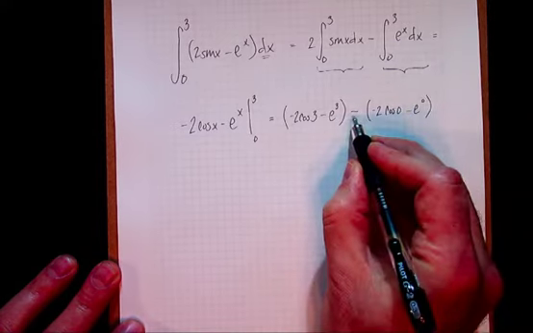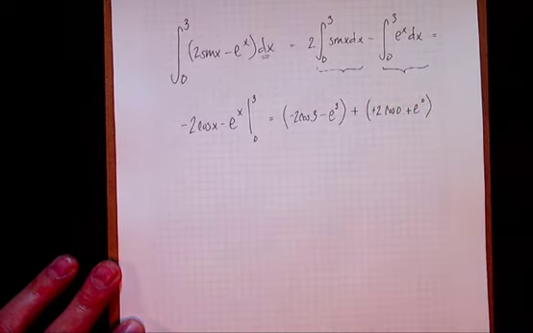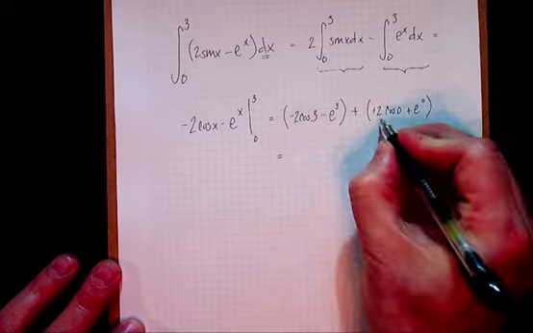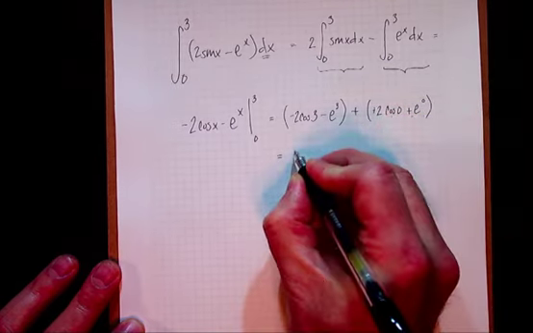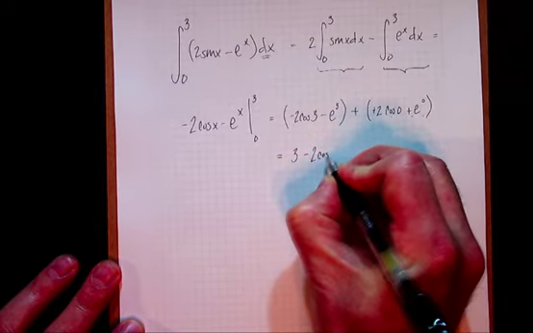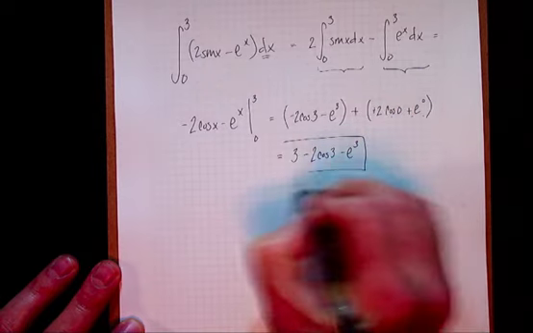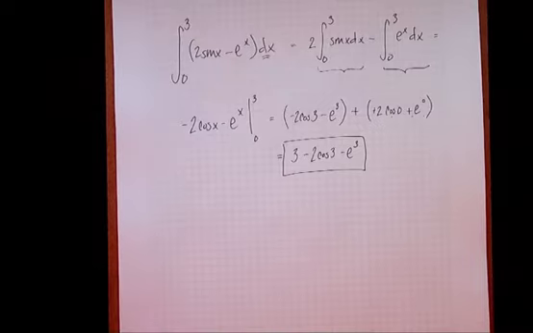Now this negative right here is bugging me, so I can go ahead and distribute it and turn both of those positive. This is 2 plus 1, so this is 3. And what I get is 3 minus 2 cosine 3 minus e cubed. And that right there, whatever the decimal approximation is for that bad boy, is going to be your answer.